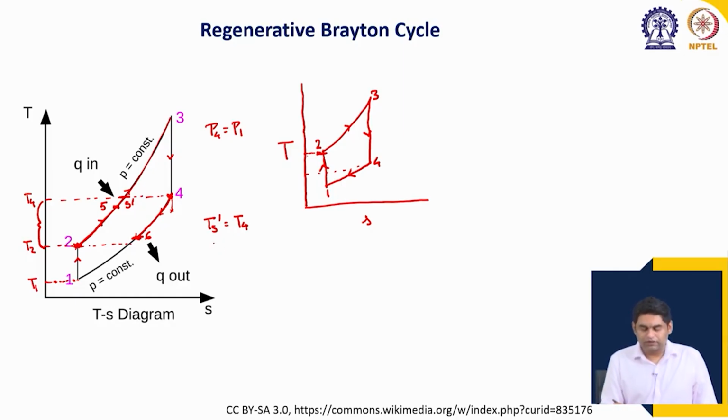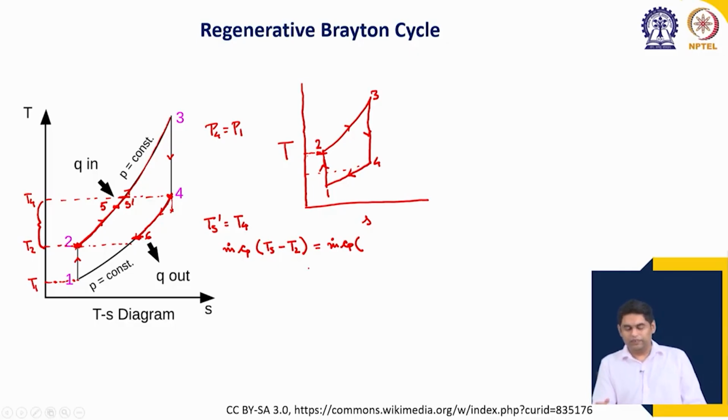Okay. Considering the same mass flow rate for an ideal cycle and same Cp value, this also means that, by doing energy balance we know that m dot into Cp into T5 minus T2 is equal to m dot into Cp into T4 minus T6, considering the same Cp and m dot value.